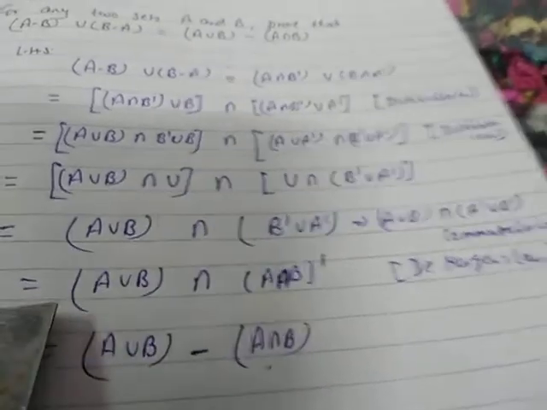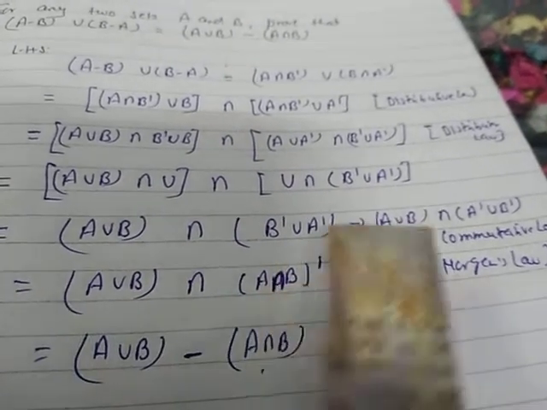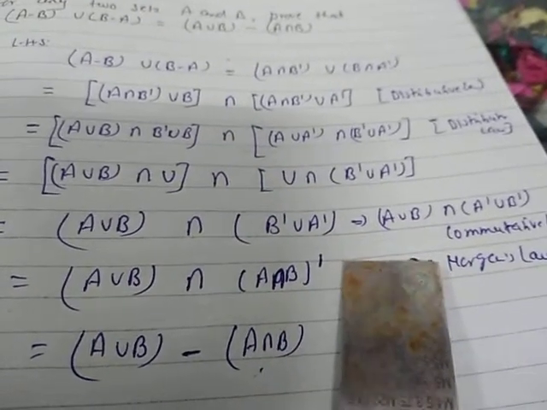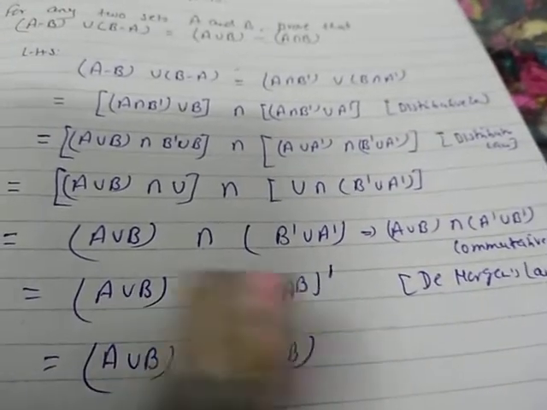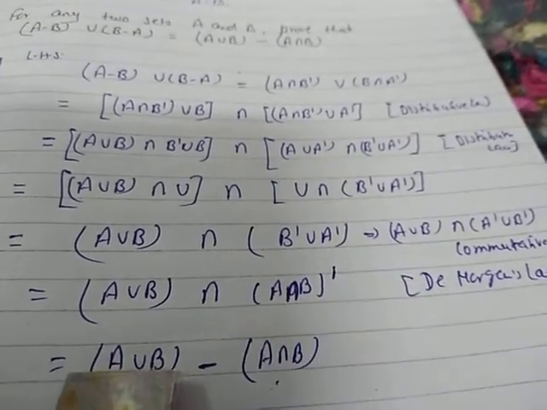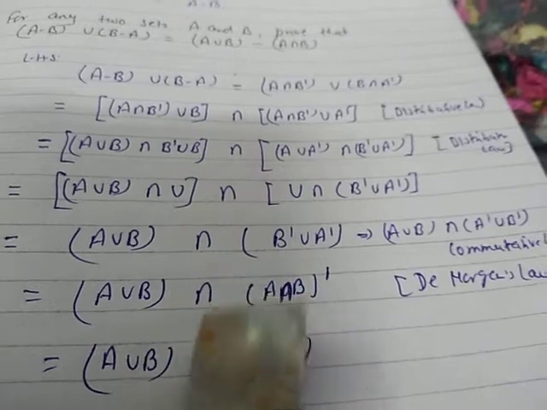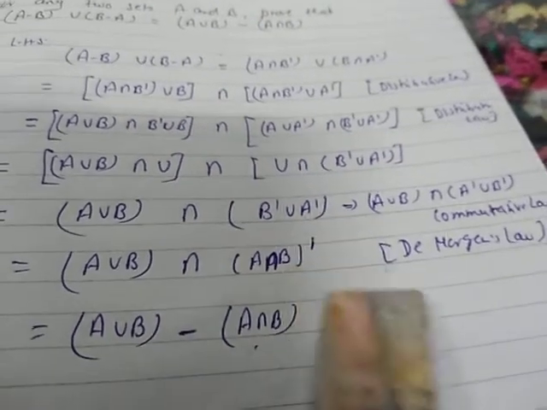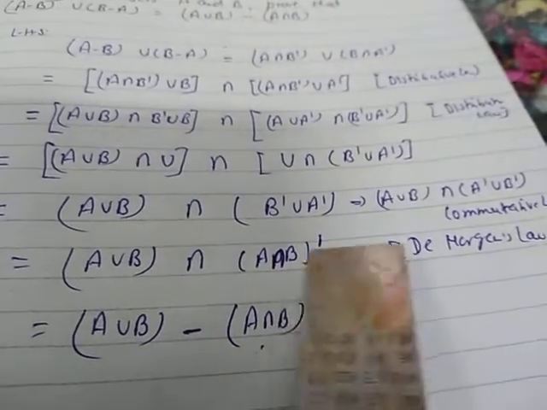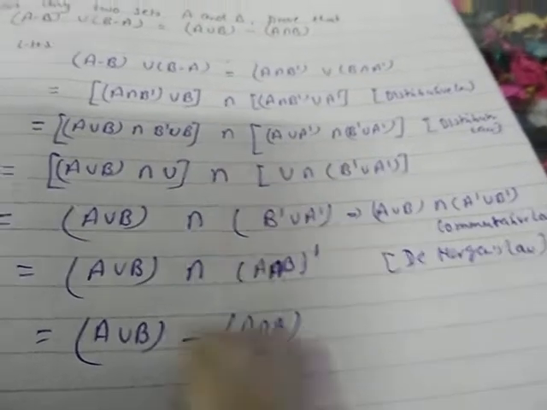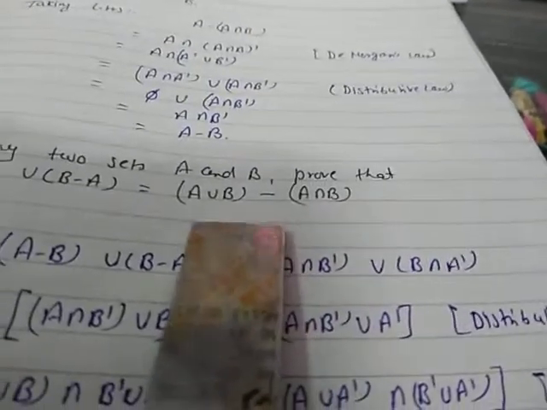Now you know children, A intersection B complement क्या होता है? A minus B. तो this intersection this complement is equals to A union B minus इसका complement. इसका complement means A intersection B. This is your RHS. Hence it is proved.